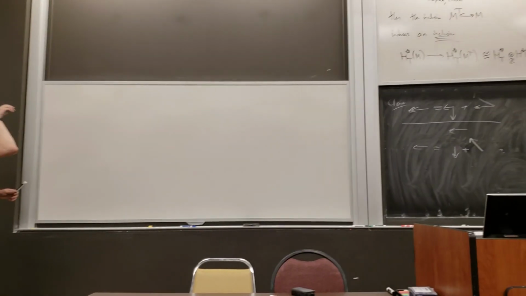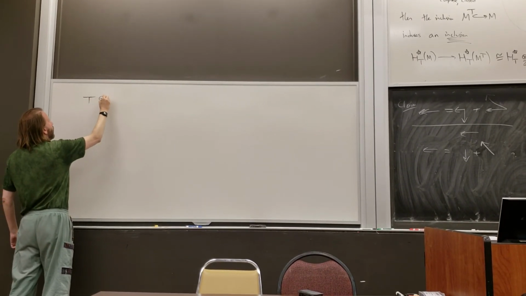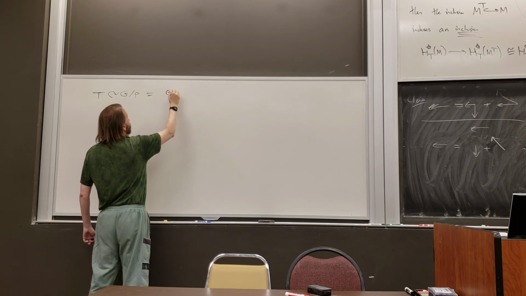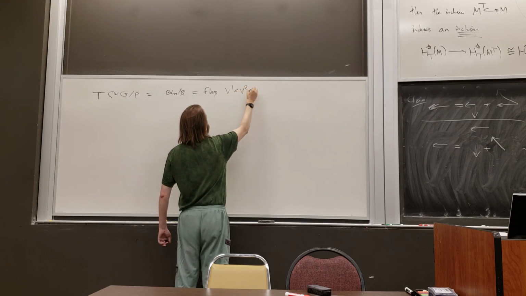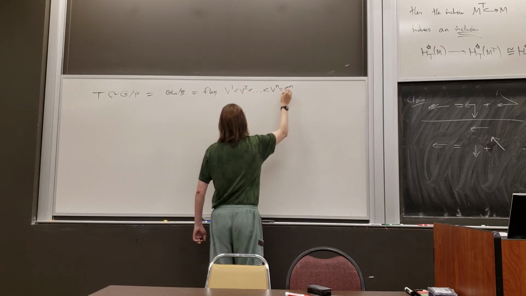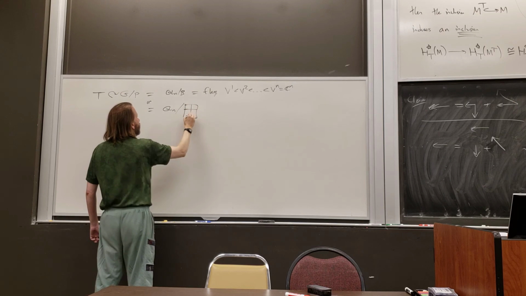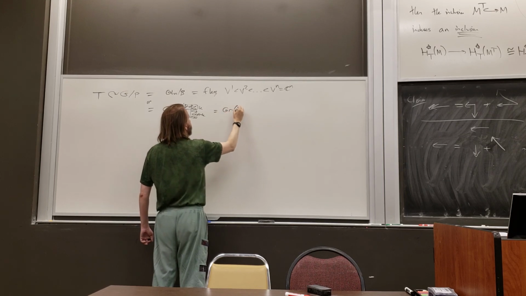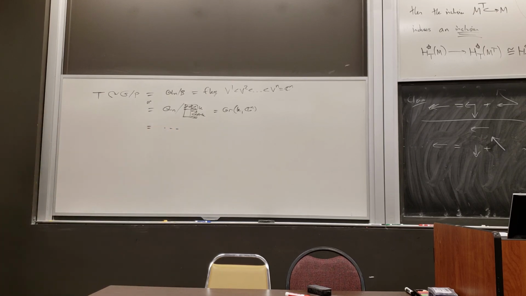All right, so let's take T acting on G mod P, and so G mod P could be, for example, GLn mod B, which is flags V1 inside V2 inside Vn equals Cn, or it could be GLn mod block upper triangular matrices, which is the Grassmannian of k planes in Cn, or it could be a bunch of other things, but let's think primarily about those two examples.